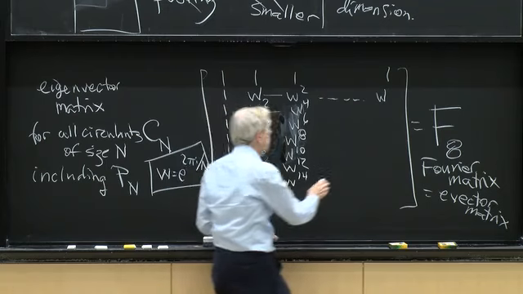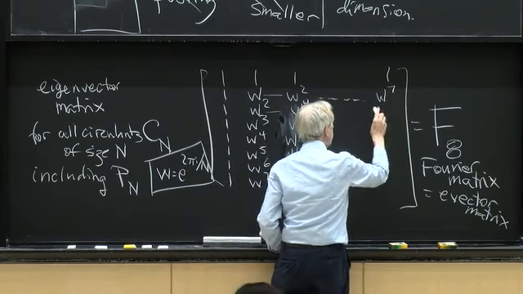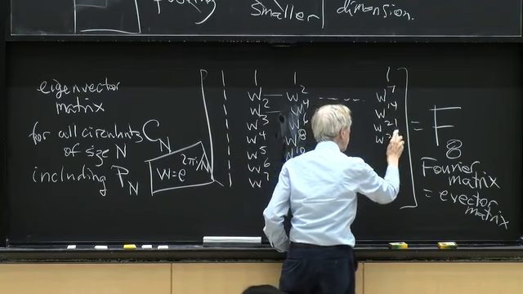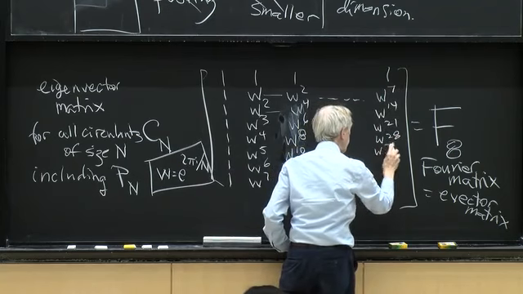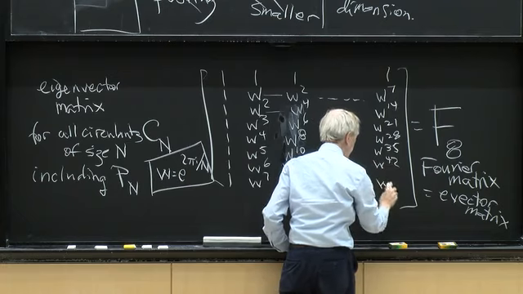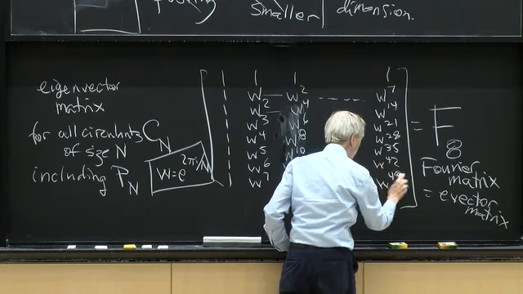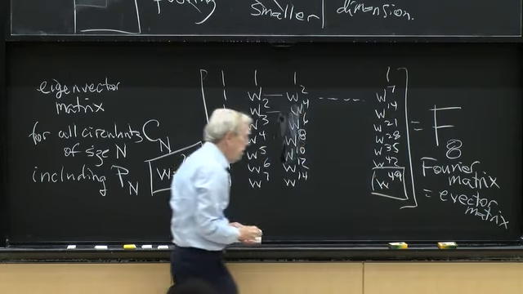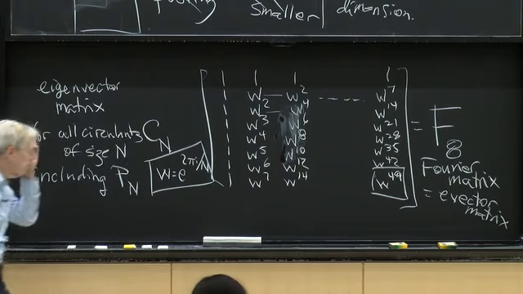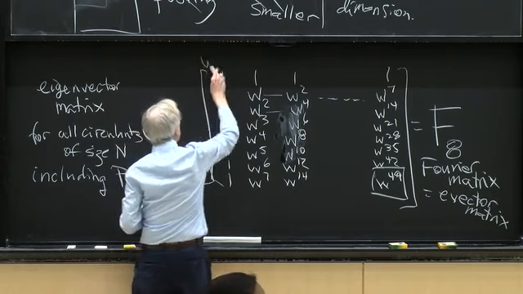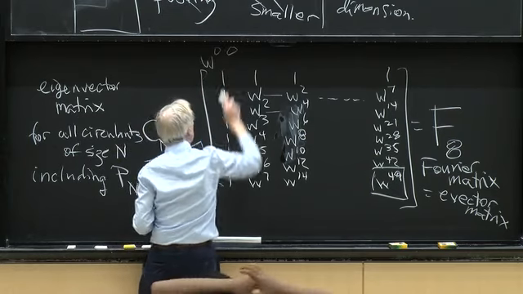And the last guy would be W to the 7th, W to the 14th, W to the 21st, 28th, 35th, 42nd, and 49th. So W to the 49th would be the last, W to the 7 squared. It starts out with W to the 0 times 0.